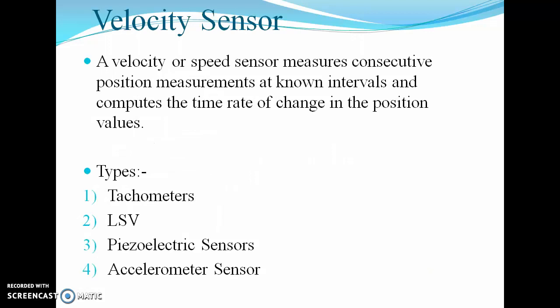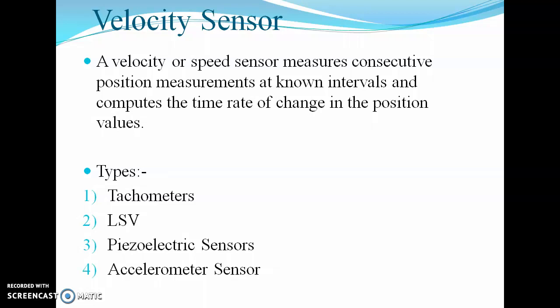Now, what is meant by velocity sensor? A velocity or speed sensor measures consecutive position measurements at known intervals and it computes the time rate of change in the position values.